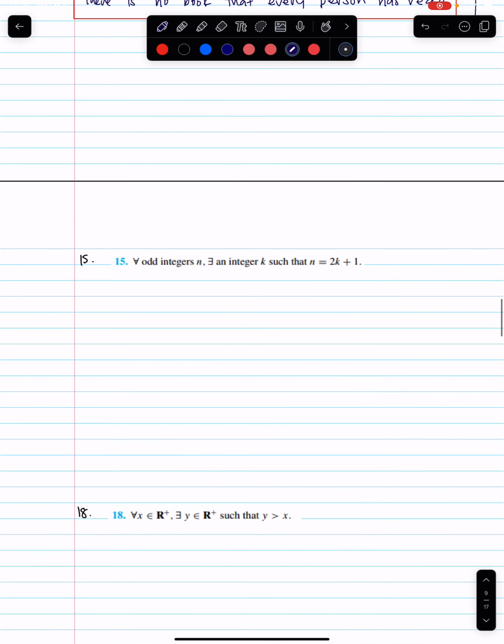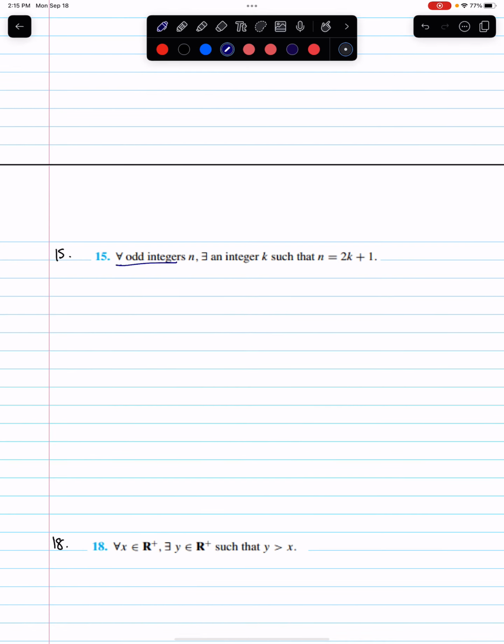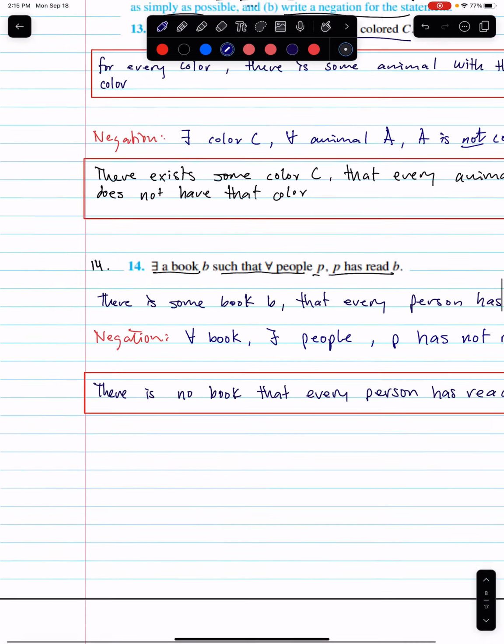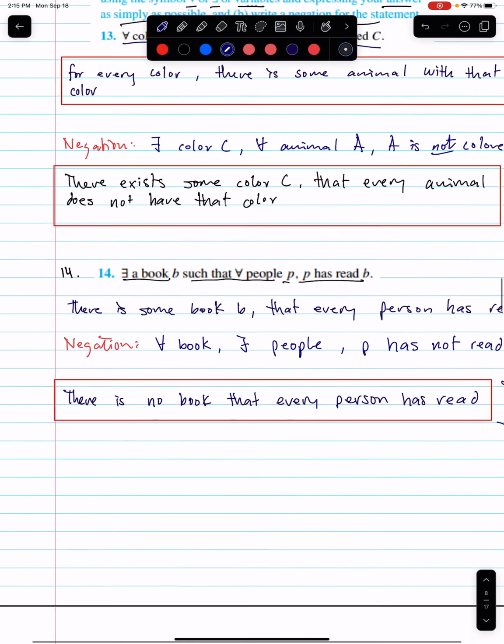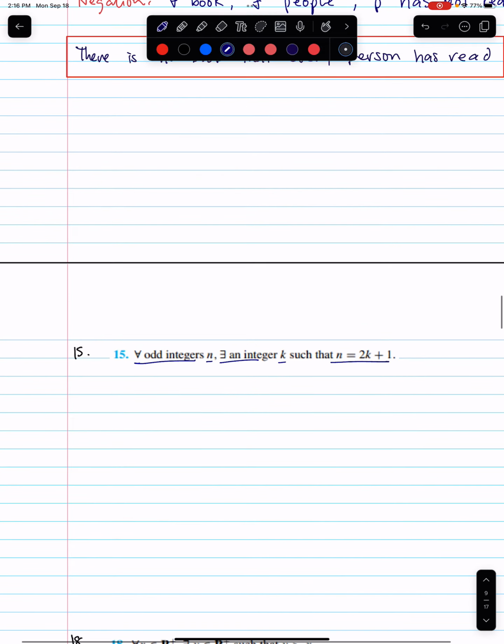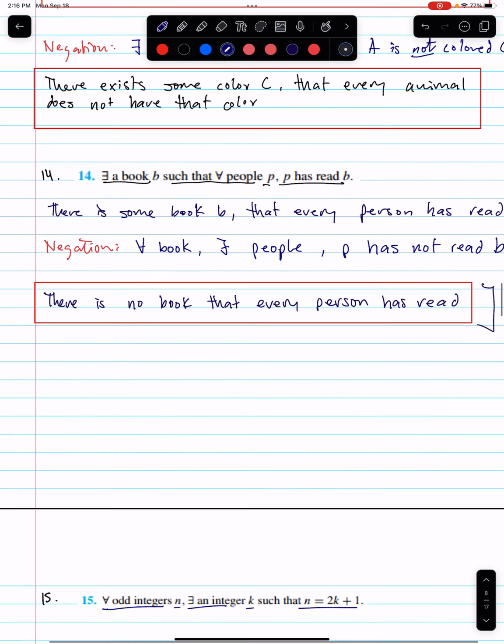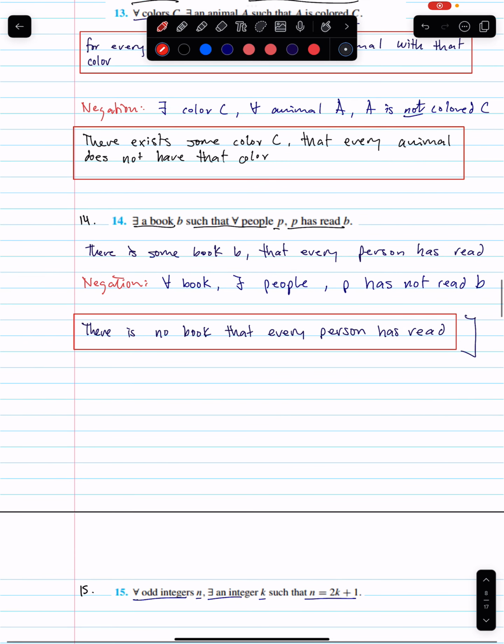Alright, next question. It just says, for every odd integer n, there is some integer k such that n equals 2k plus 1. Wait, I forgot to box this as well.